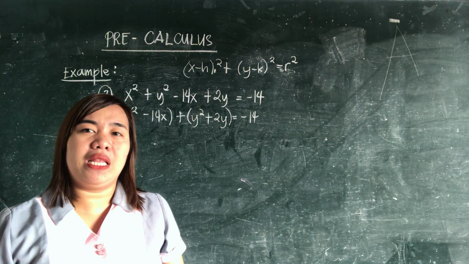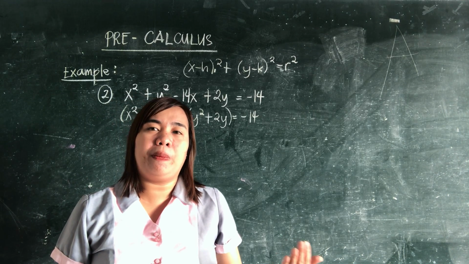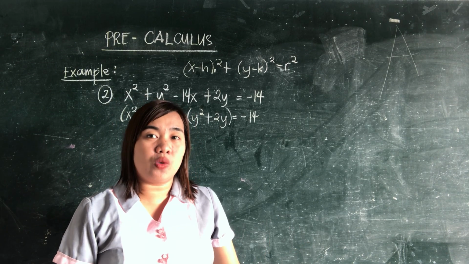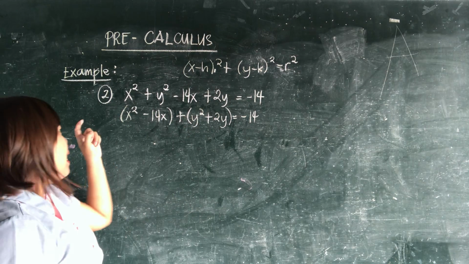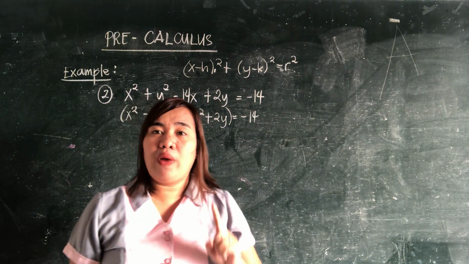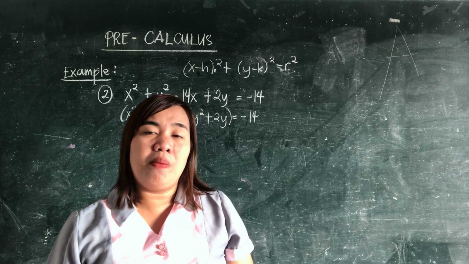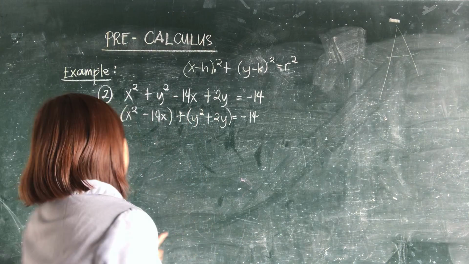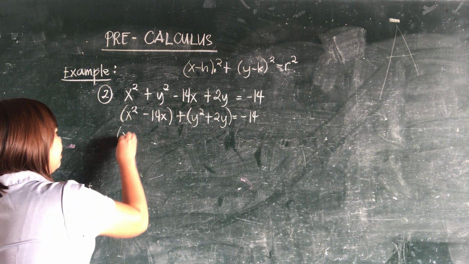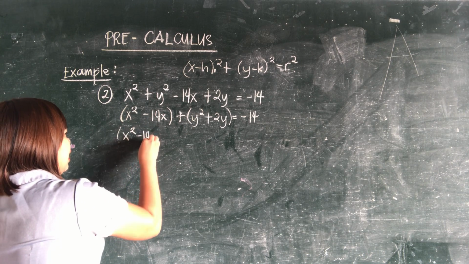After regrouping, that's the time that we are going to apply now the completing the square. And since the coefficient of our y squared and x squared is already 1, no need na tayong mag-factor. Proceed agad tayo sa completing the square. So we are going to add blank on each side.